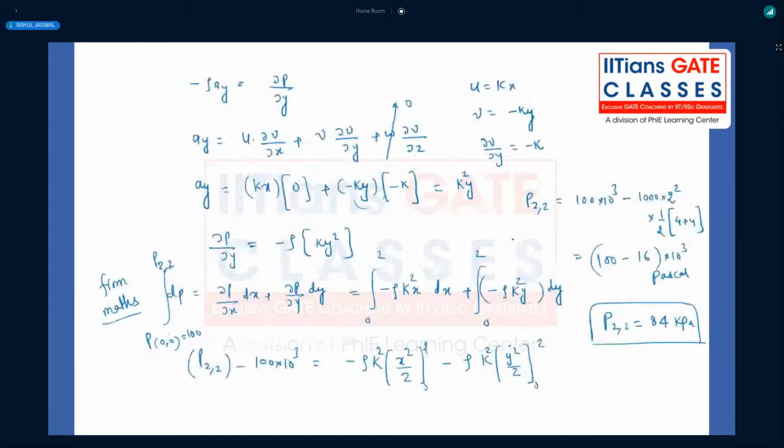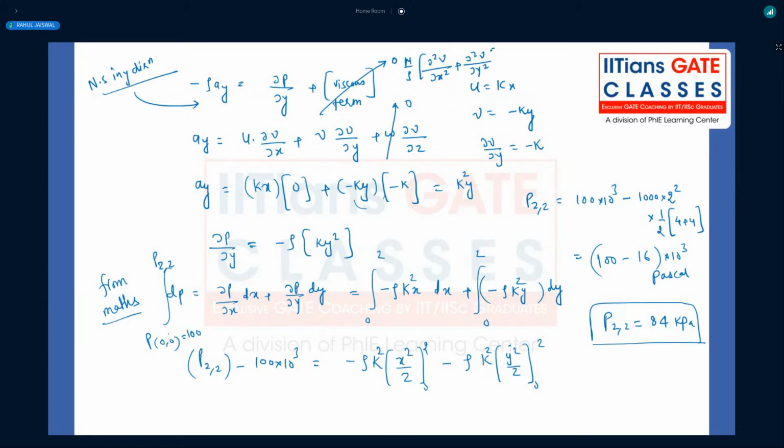Similarly, in the Y direction, in the Navier-Stokes equation we applied in the Y direction, whatever viscous term is there, once again that will be 0. So don't think that we neglected it without calculation. If you calculate, it will also be 0, because the term is mu by rho times dou square V by dou X square plus dou square V by dou Y square.